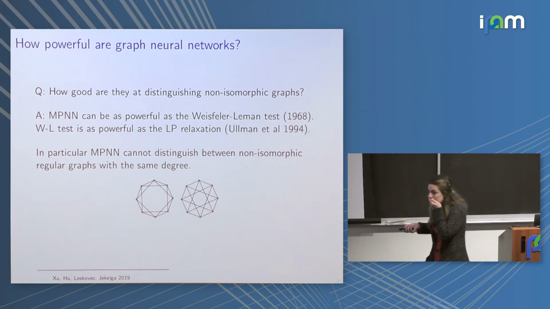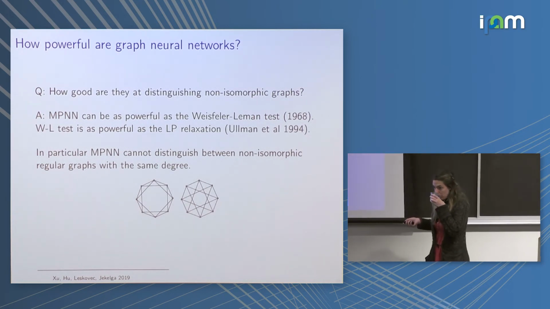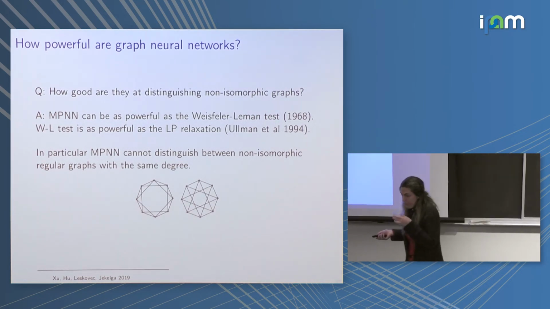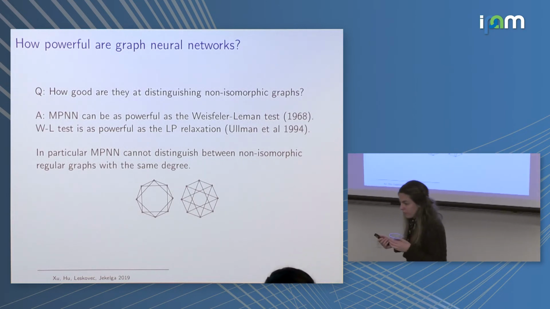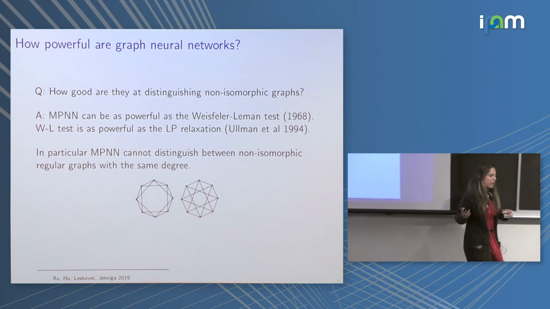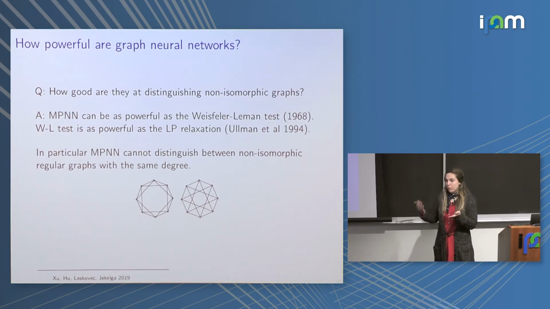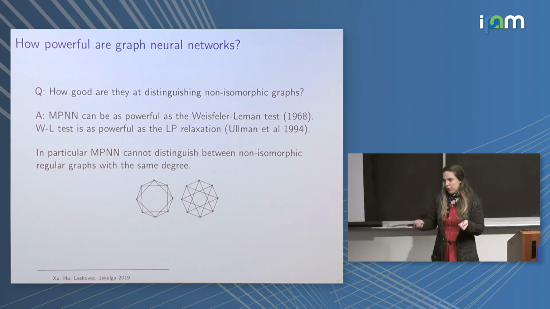Yes? I'm curious, these propagation layers, aren't they invariant to graph isomorphism? Yes, that's the point, because if there exists a relabeling of the nodes that sends one graph to the other one, then the value of the function needs to be the same. So if both graphs are isomorphic, all the functions in that class need to give you the same thing for both graphs.